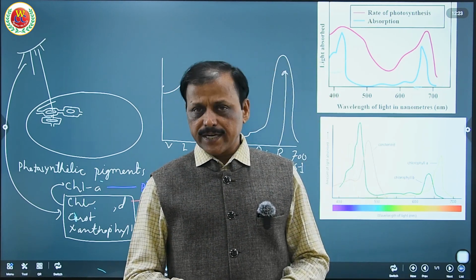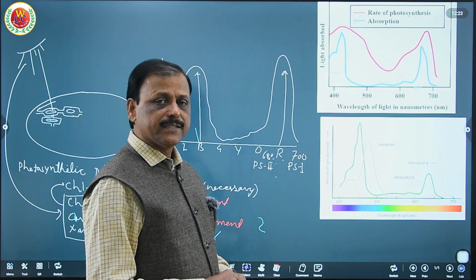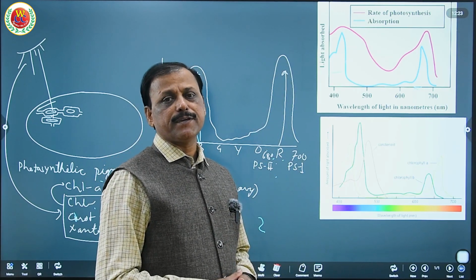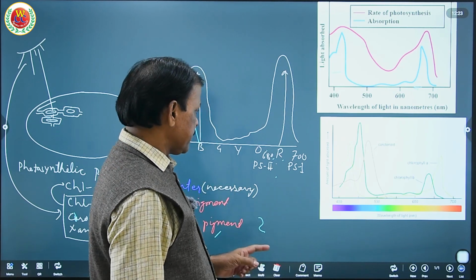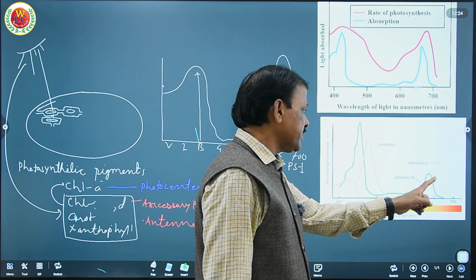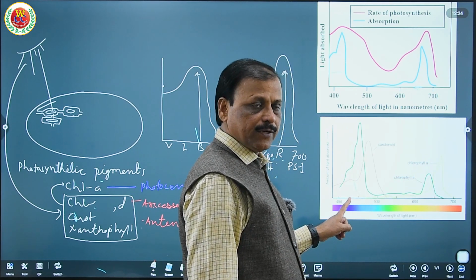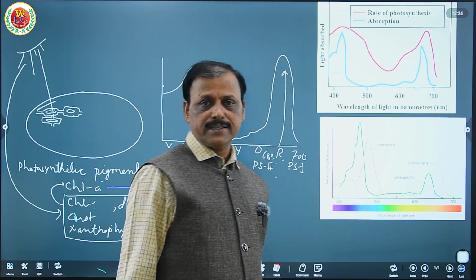Moreover, the action will be high in blue and red, where light energy is converted into chemical energy, because this pale green line shows chlorophyll A, which is very active in blue light as well as in red light.